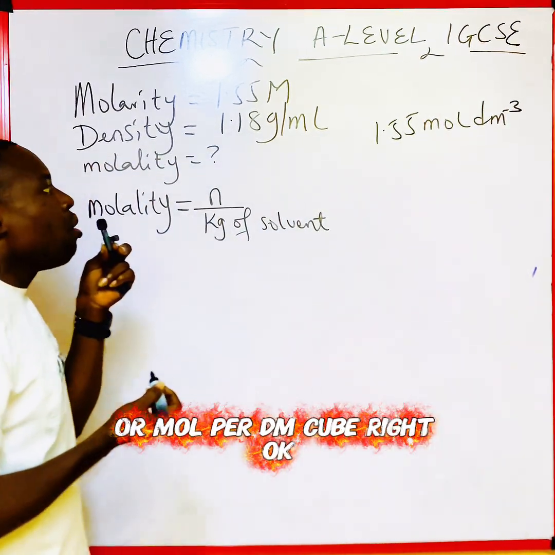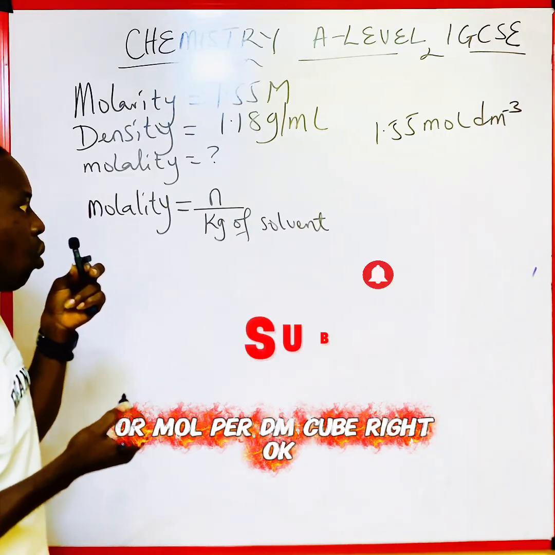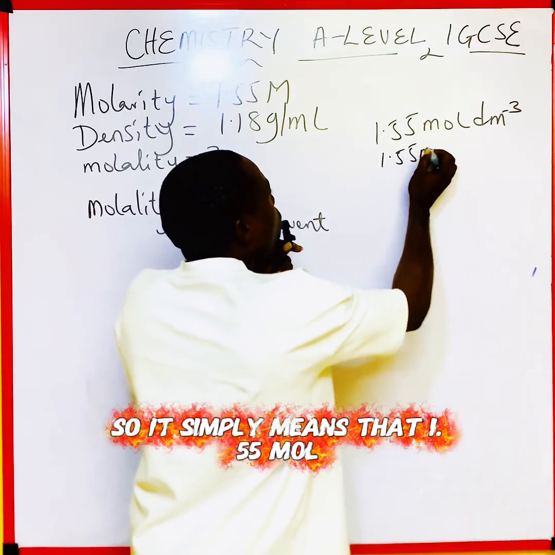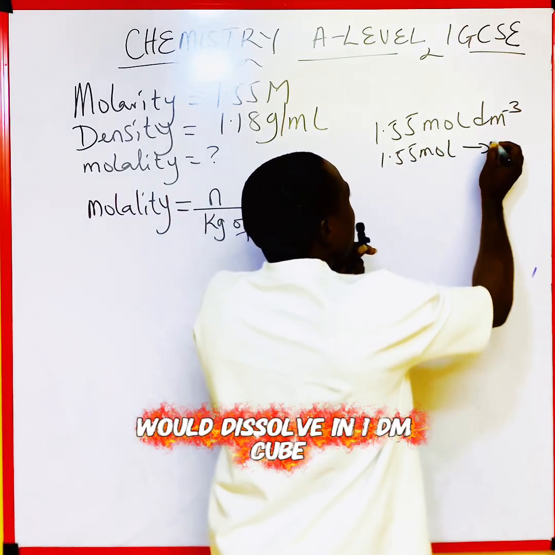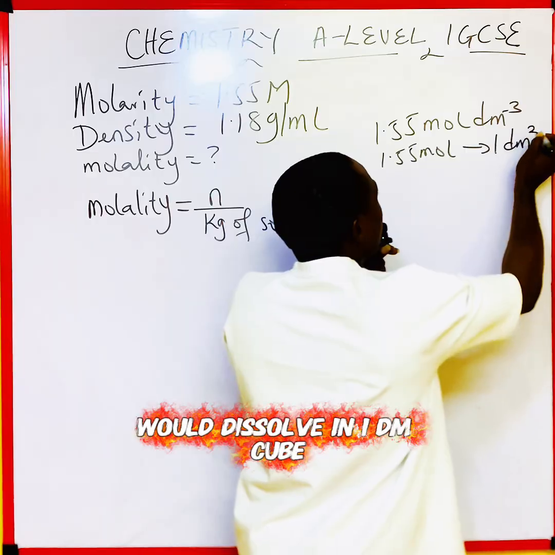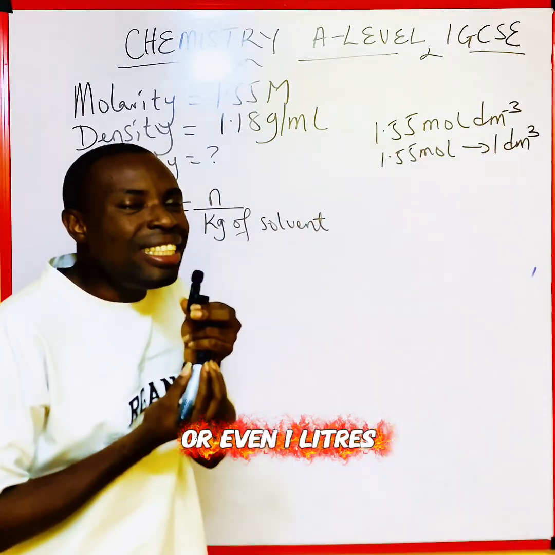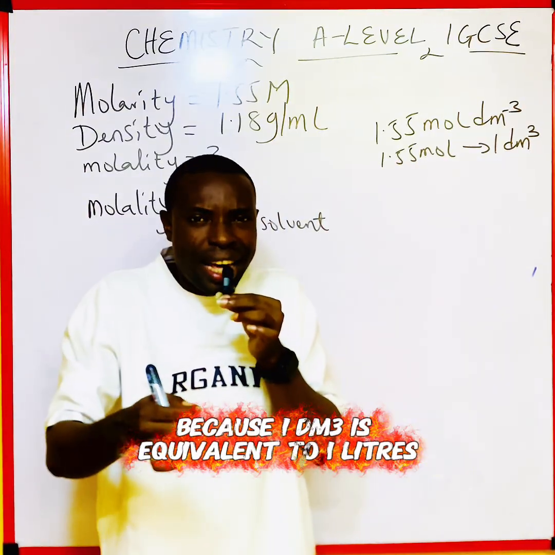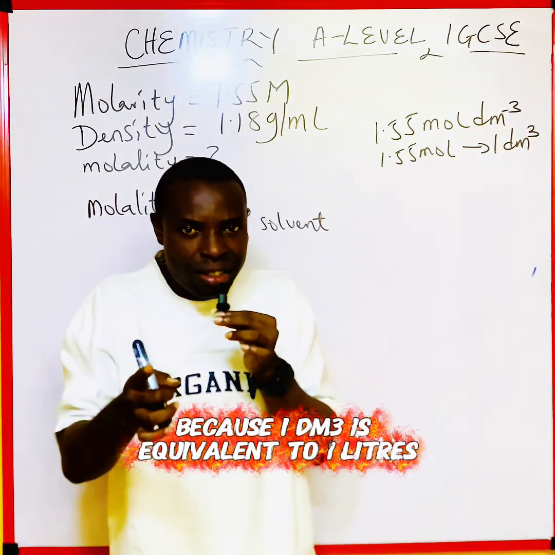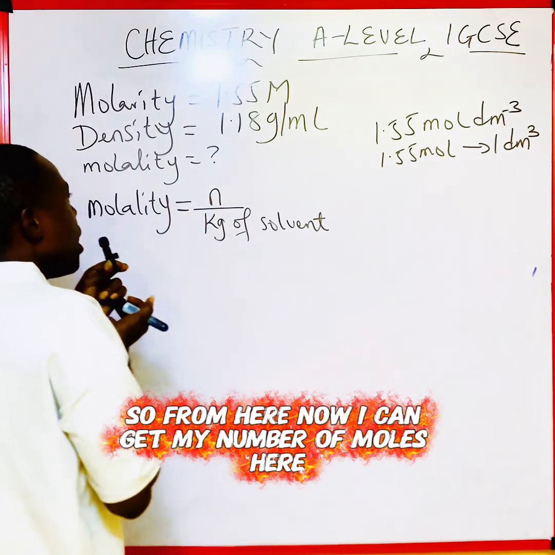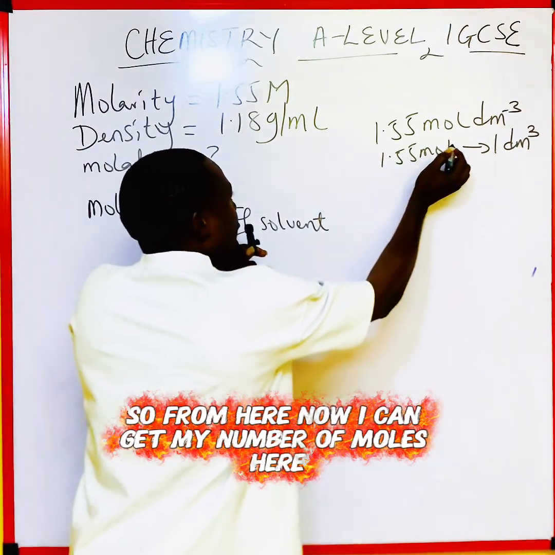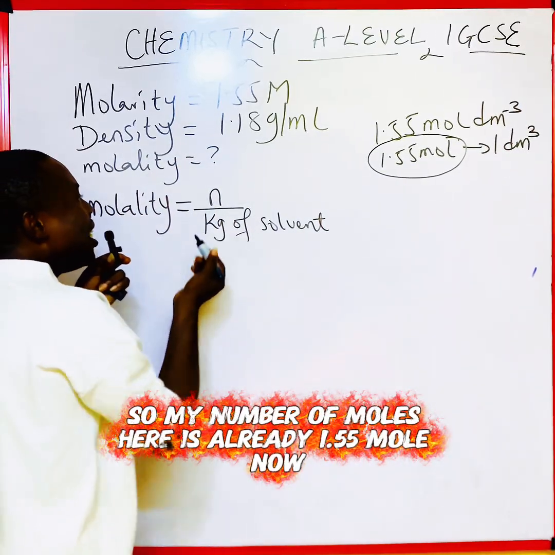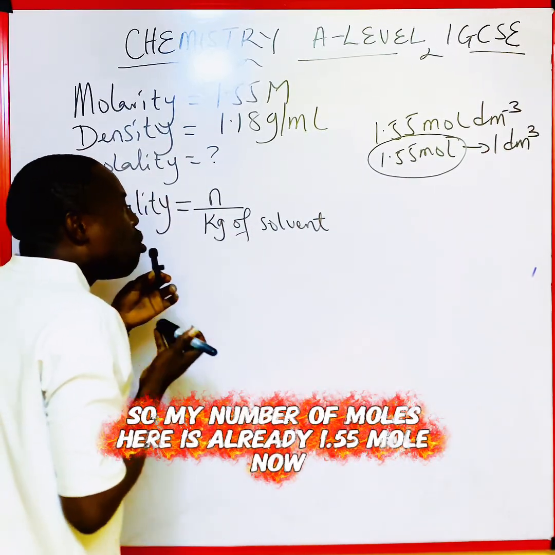So it simply means that 1.55 mole would dissolve in 1 dm cube, or even 1 liter, because 1 dm cube is equivalent to 1 liter. So from here now, I can get my number of moles. So my number of moles here is already 1.55 mole.